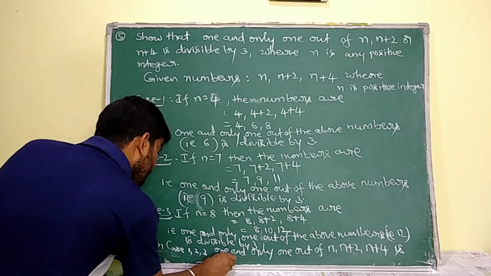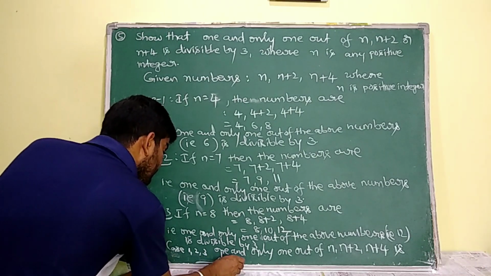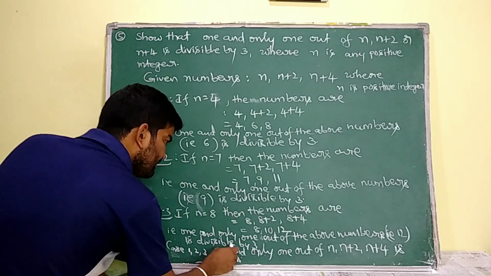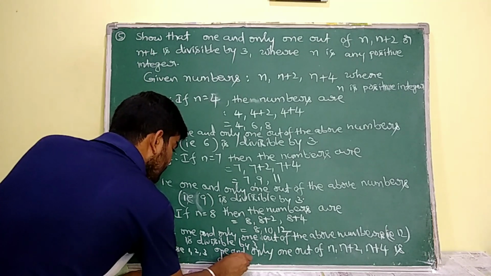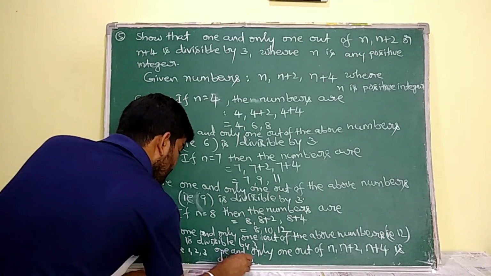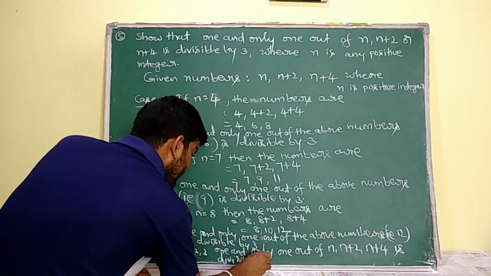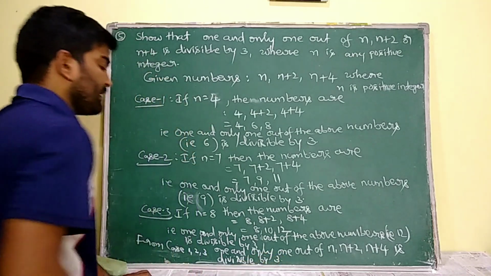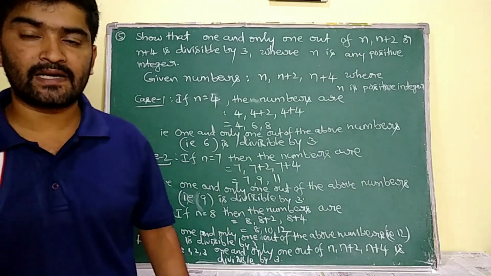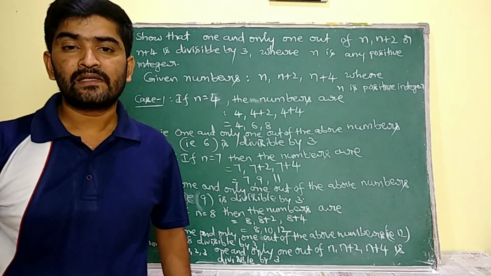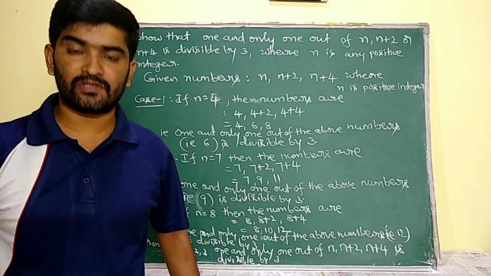Okay na ma? Clear? Divisible by 3. Lack of space, I am writing with small letters. Just try to understand. So in this way we are going to solve this question.